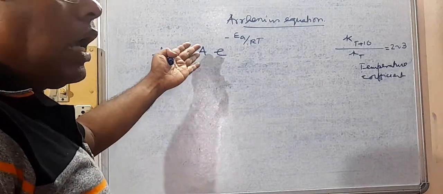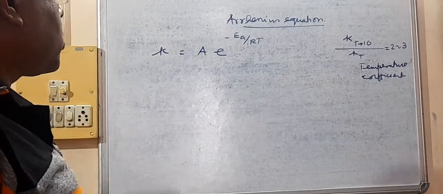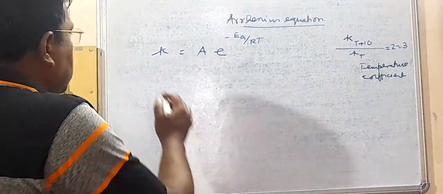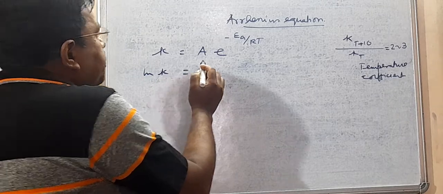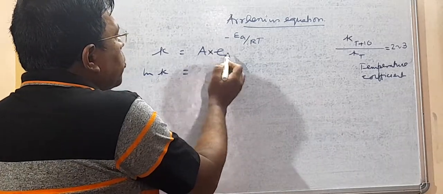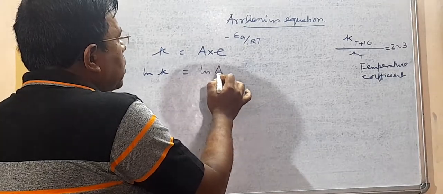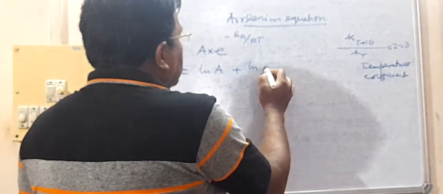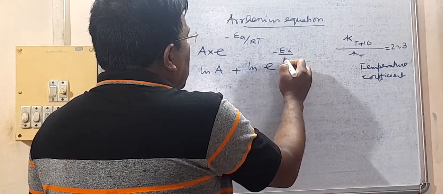Now we can have this in the logarithmic form. This is the exponential form of the equation. The logarithmic form will be ln k is equal to, for this product, ln A plus ln e to the power minus Ea by RT.